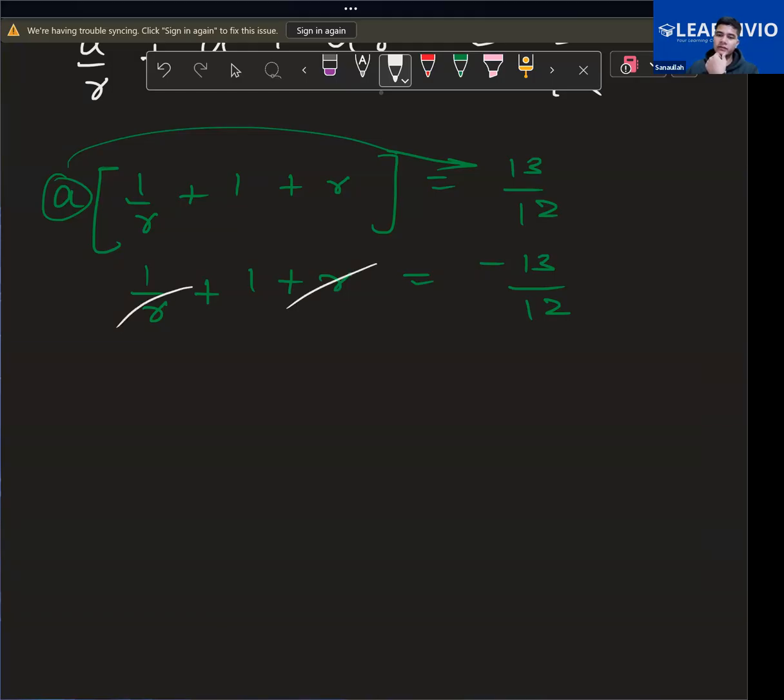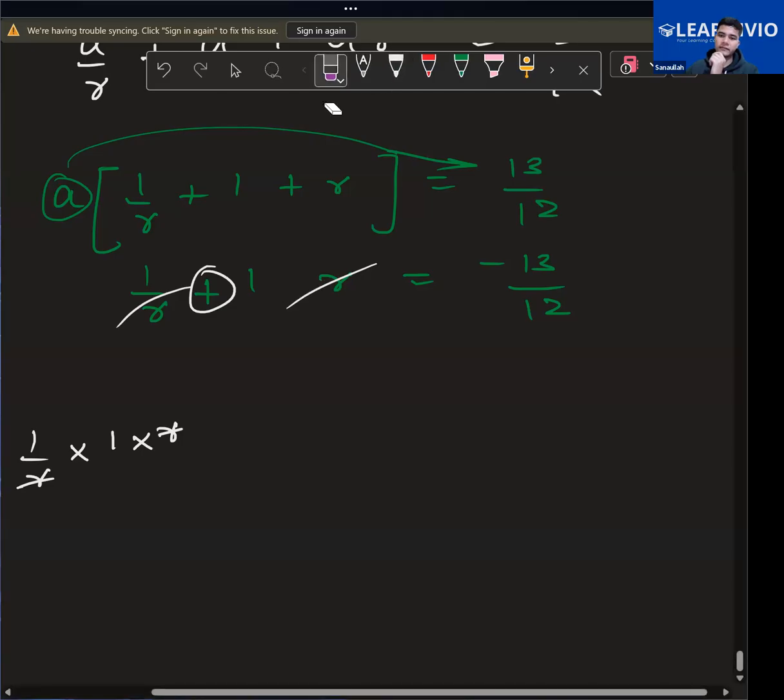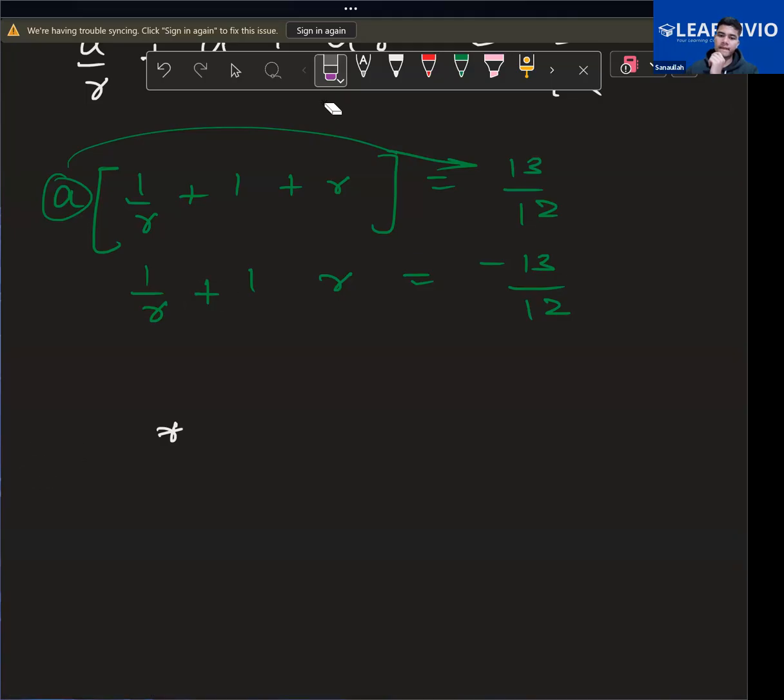This is not in multiplication, this is in addition, so how can we cut this directly? I told you that numerator and denominator terms get cancelled out only when these terms are in multiplication. If it was like 1 by R multiplied by 1 multiplied by R, then we can cut. This is plus, we can't cut directly. We have to take the LCM.